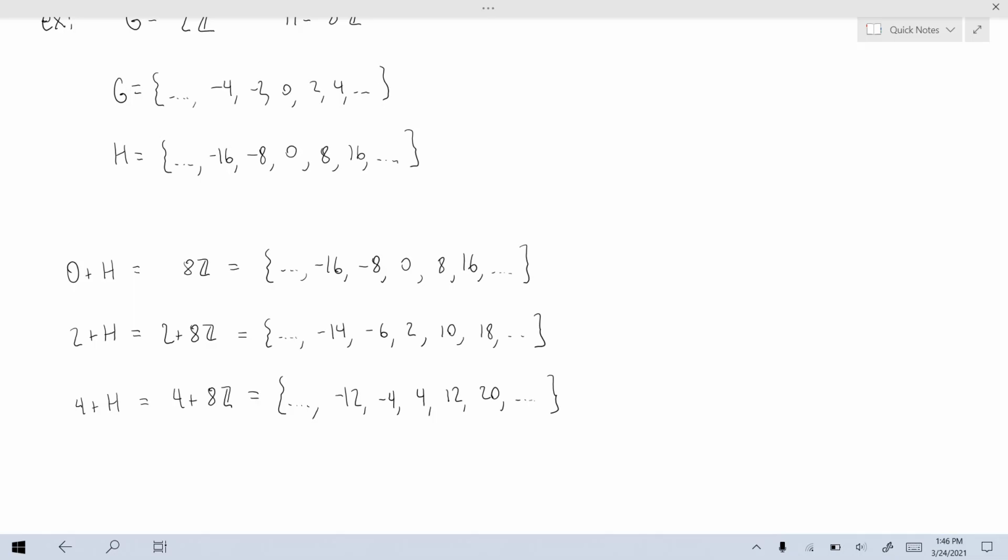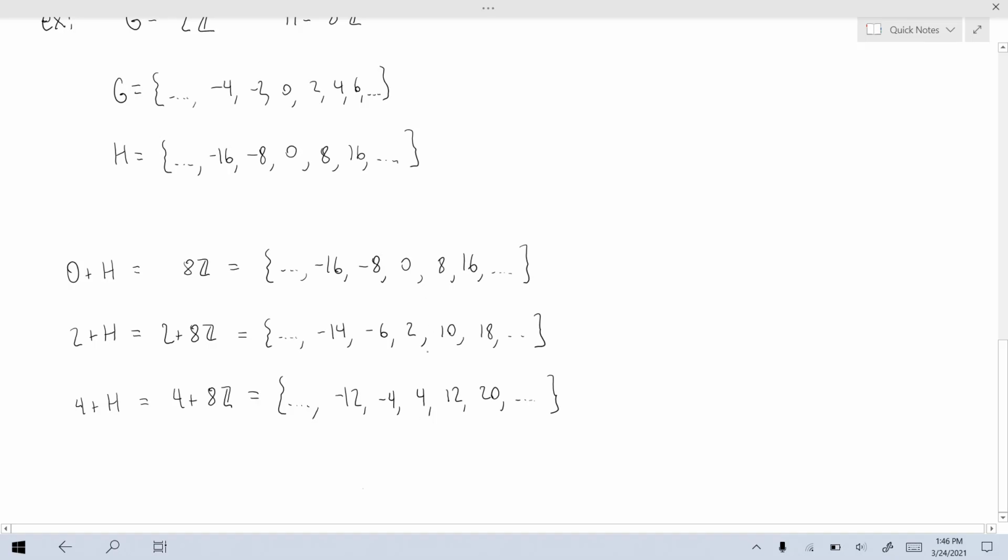So then again, I check to see, do I have all of the elements of G accounted for here? So the answer is no, because I'm still missing the number 6, for instance. Okay. So here I go from 0 to 8. I have 2 to 10, 4 to 12.